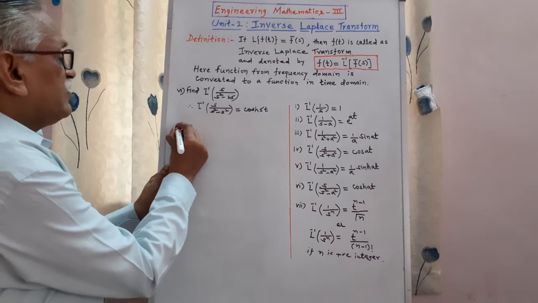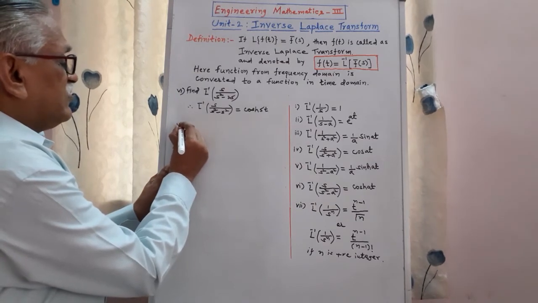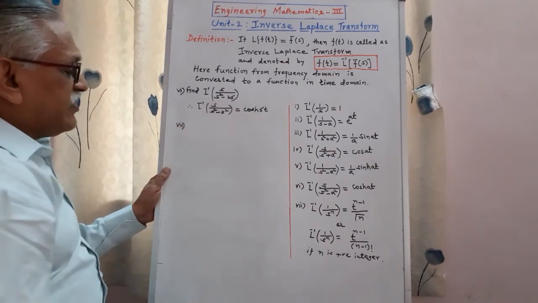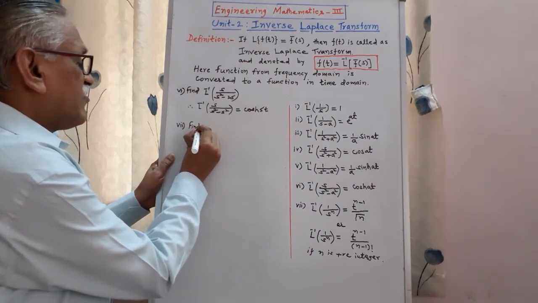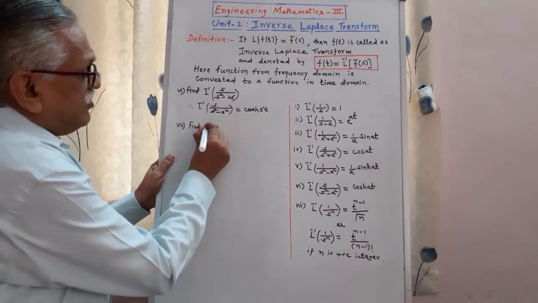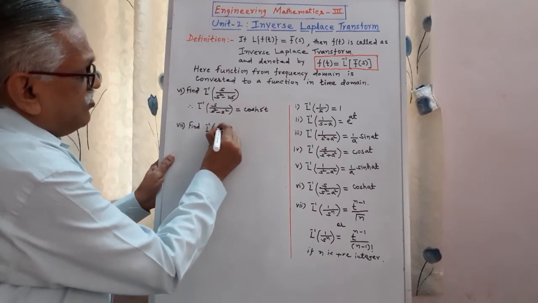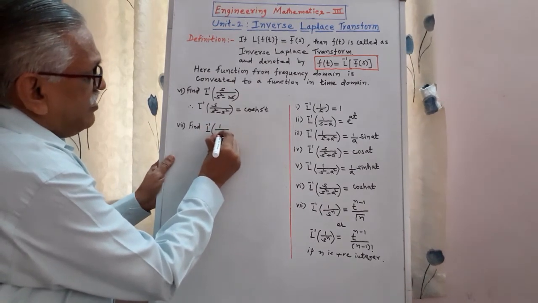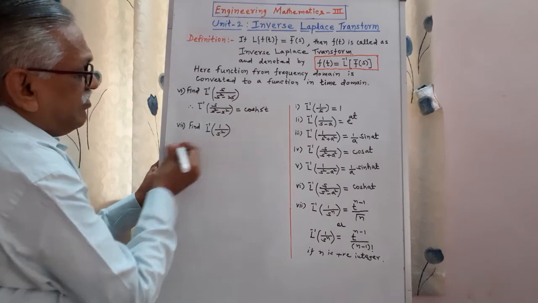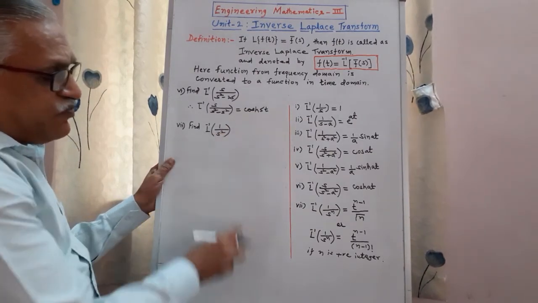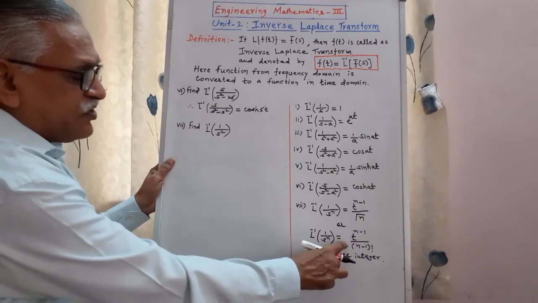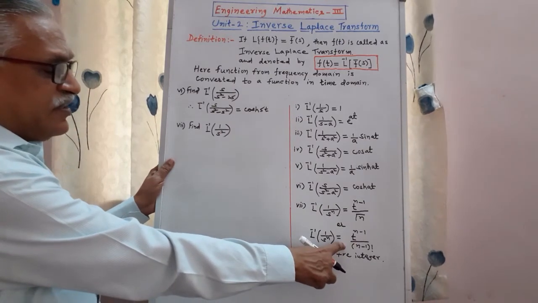Seventh, find inverse Laplace of 1 by s square. The power n is here 2, which is a positive integer, and as it is a positive integer, we have to apply this result.